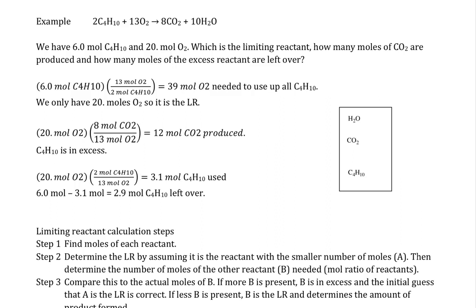So times 2 moles of C4H10 over 13 moles of O2, that gives us 3.1 moles of C4H10 were used. What's left over? So we do 6 minus 3.1 and we get that 2.9 moles of C4H10 are left over.